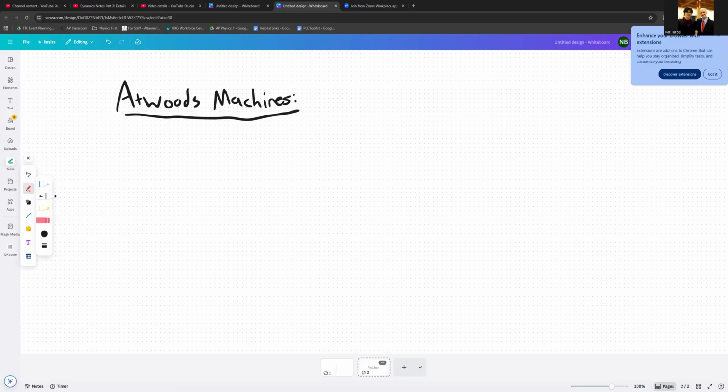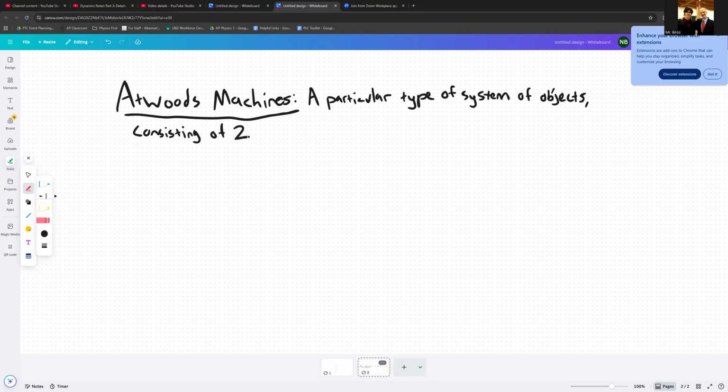Atwood's machines are a particular type of system of objects consisting of two or sometimes three, but usually two objects connected by a rope or string which passes over a pulley.